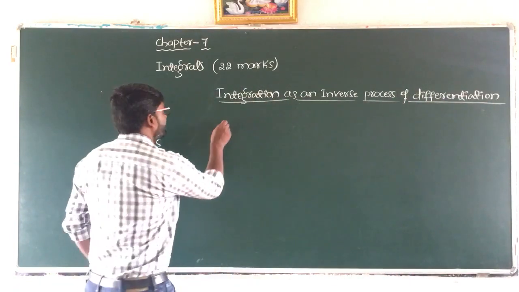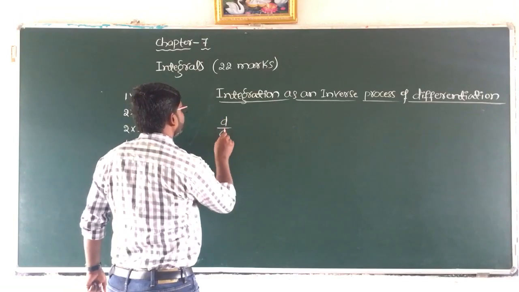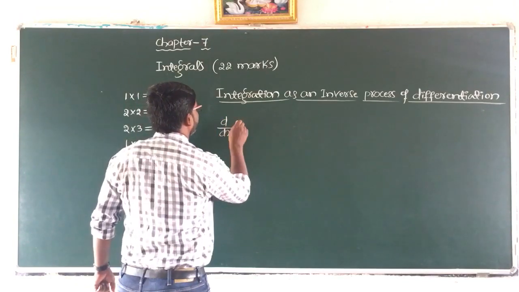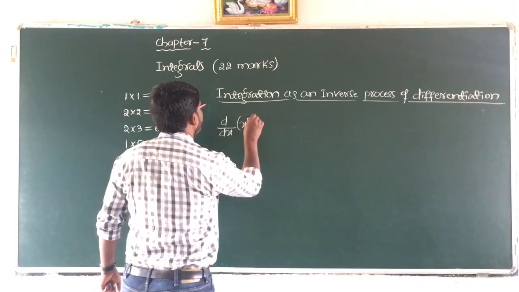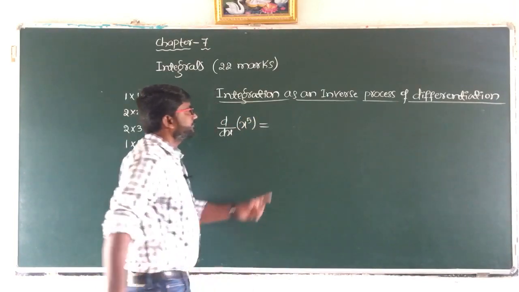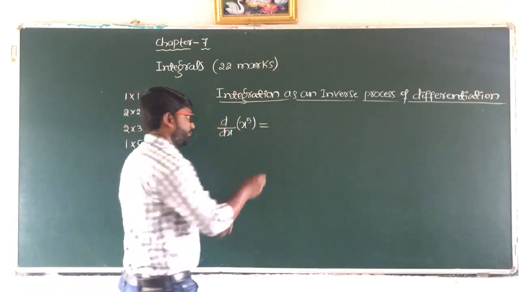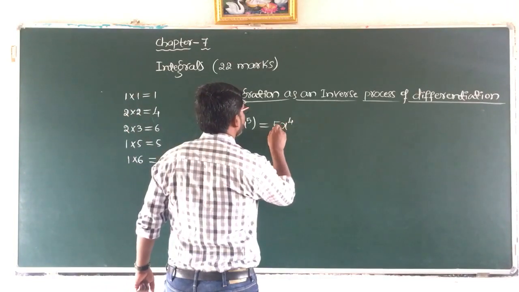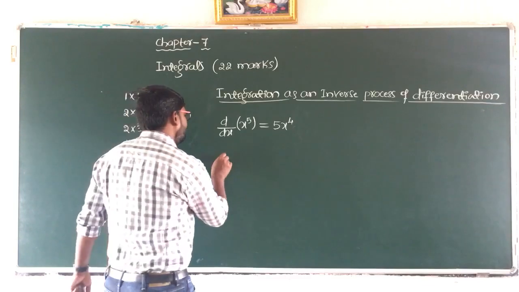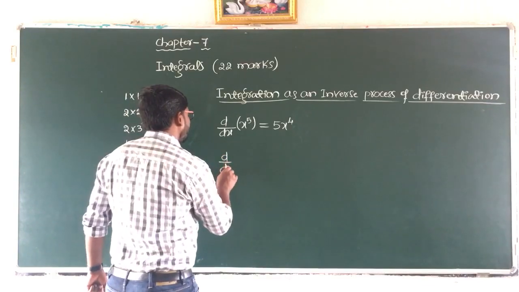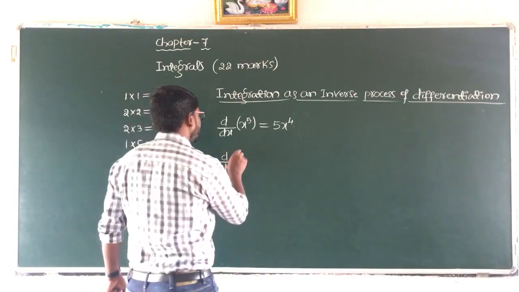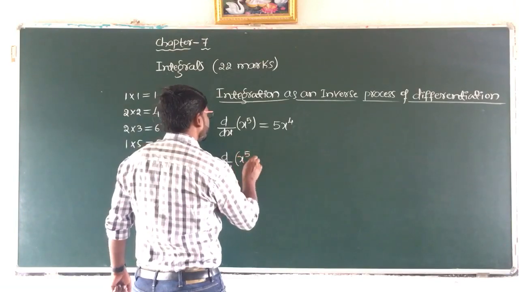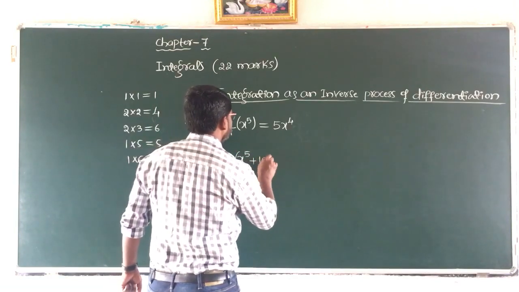So we know the derivative of x to the power 5, d by dx of x to the power 5, which is equal to 5 into x to the power 4. Now I will go for d by dx of x to the power 5 plus 100.